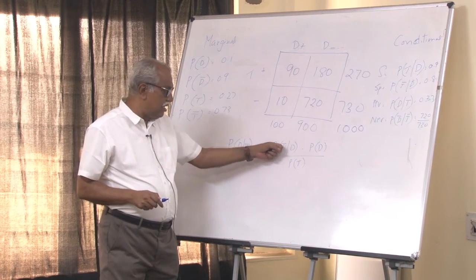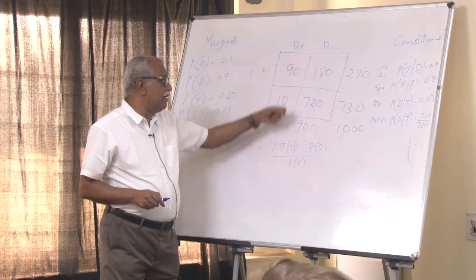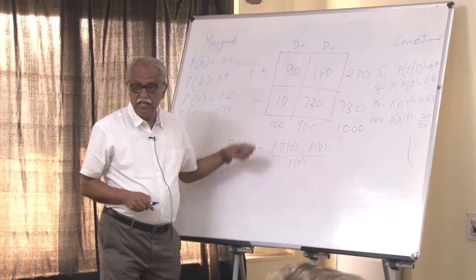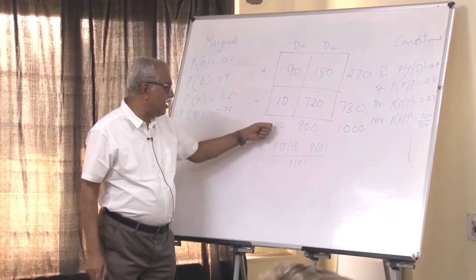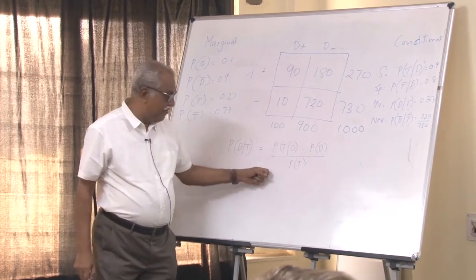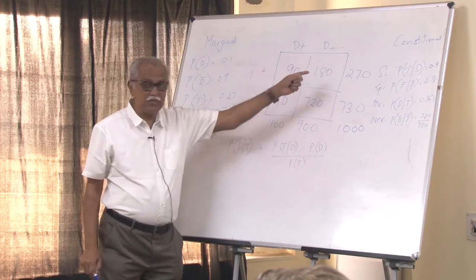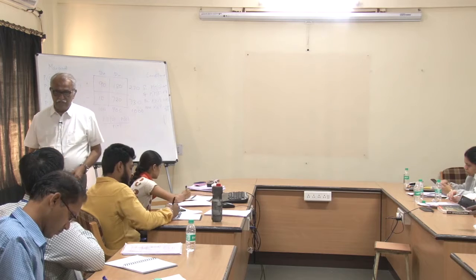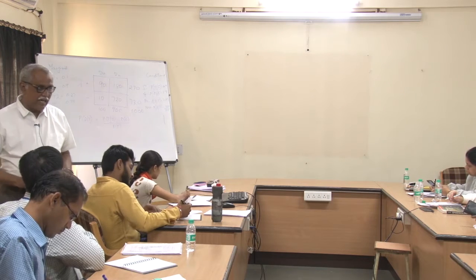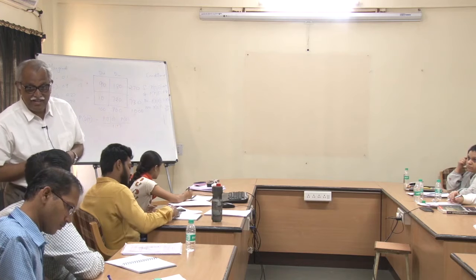You start with the t given d. 90 by 100 times probability of d, 100 by 1000, divided by probability of t, 270 by. So you get, and the answer is correct? 0.33. Old man Bayes was right, and that is his theorem.